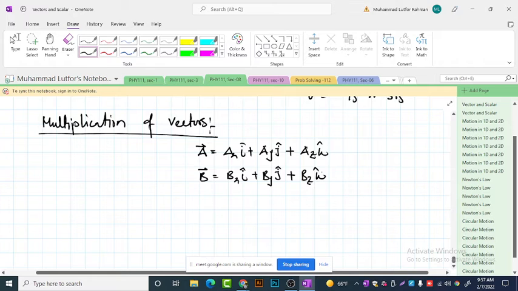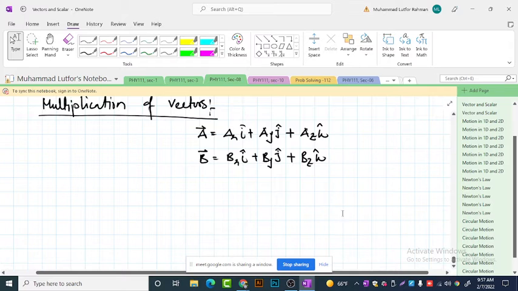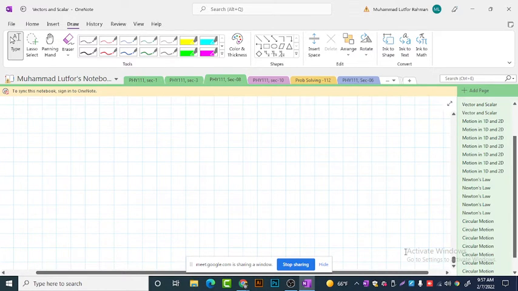These are the two vectors in Cartesian coordinate system. Now I can find the products. There are two products: one is the dot product, one is the cross product.